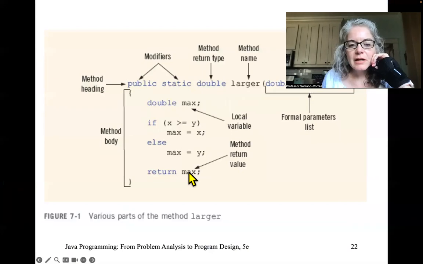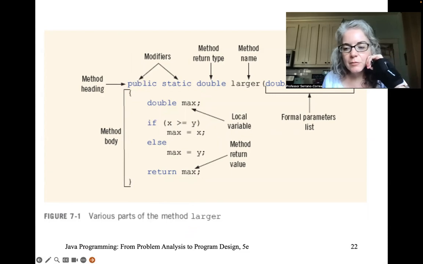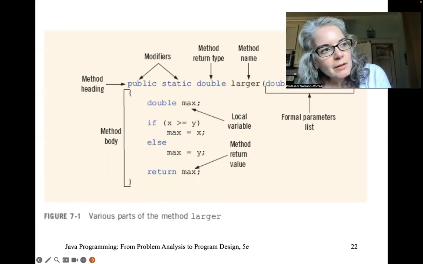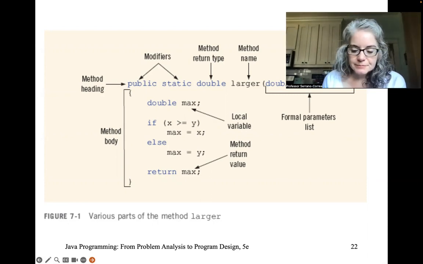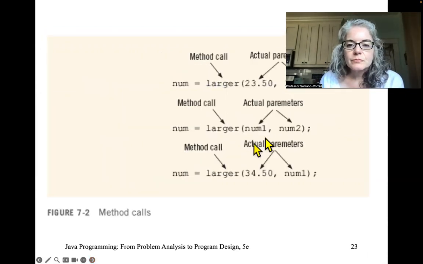This is the return value. This is what we call a local variable, meaning that this variable max, the scope of it is this method. So you cannot use this variable anywhere outside in other methods or like main unless you declare it again. So looking at this is the method call.